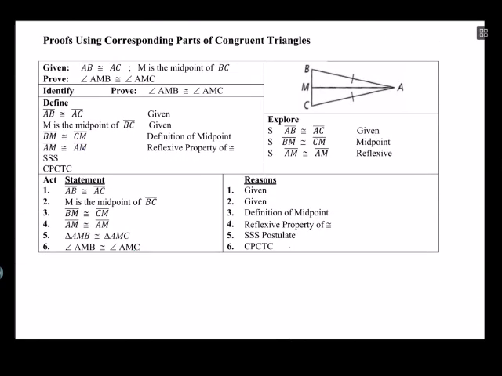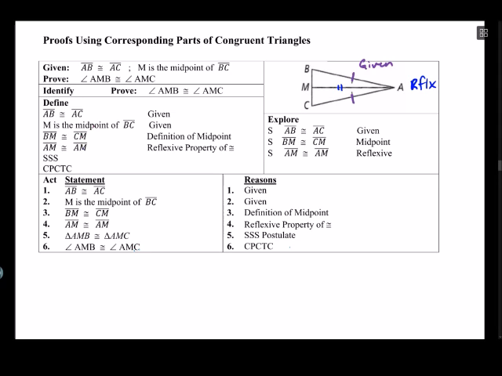And of course, we're going to look at a proof using our corresponding parts of congruent triangles, CPCTC. And what do we see here? I see that we are given congruent sides. We also have a common side, which will be our reflexive property of congruence.